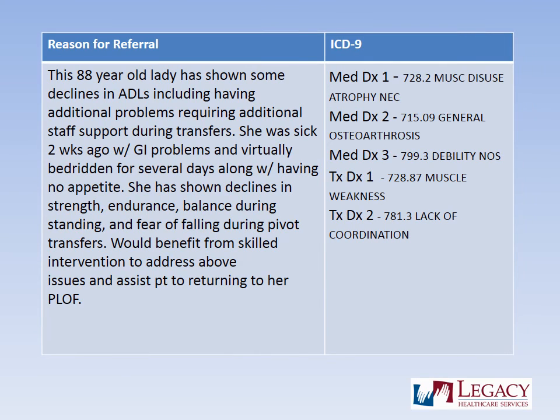In this last example, the clinical information indicates that the patient was bedridden and had no appetite. This will lead to muscle atrophy due to disuse. Osteoarthritis is the primary medical diagnosis.